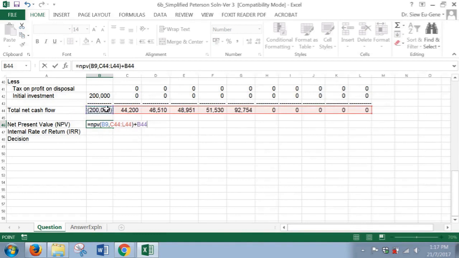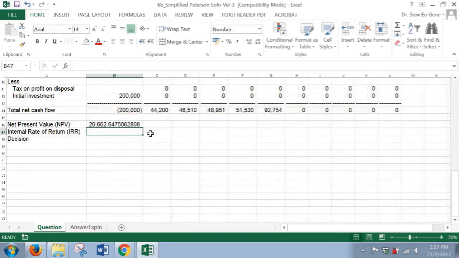I need to put a negative sign if this B44 is a positive figure, because it is a cash outflow. I pay off my investment, so that's why it needs to be a negative. But in this case, it's already a negative, so I add it. Press enter.